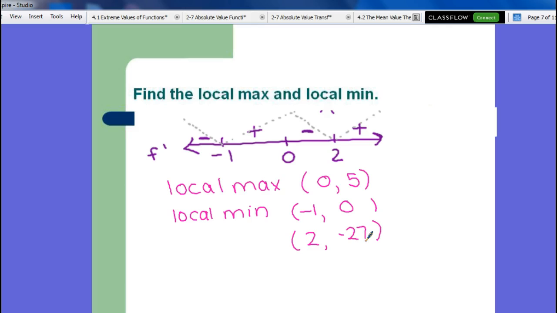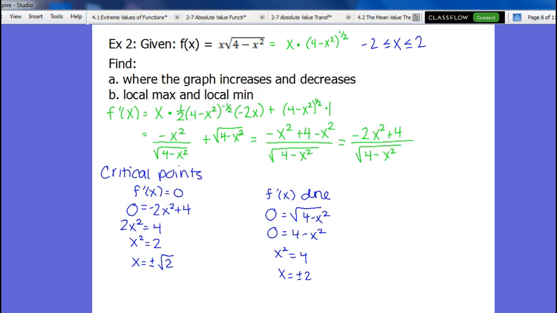This would then probably be my absolute max. I mean absolute min rather, because it is the lowest point on that graph. And next.